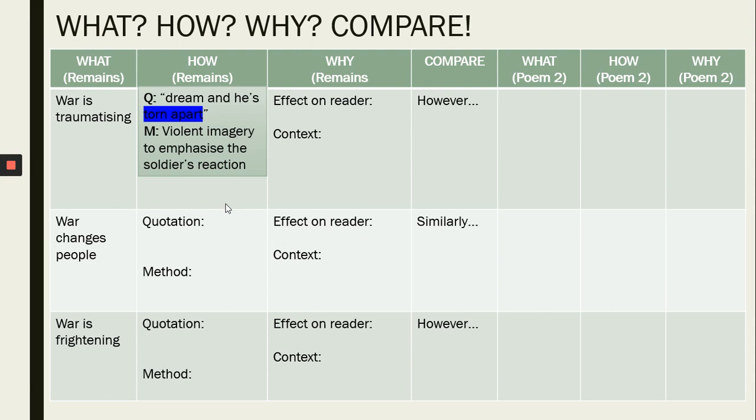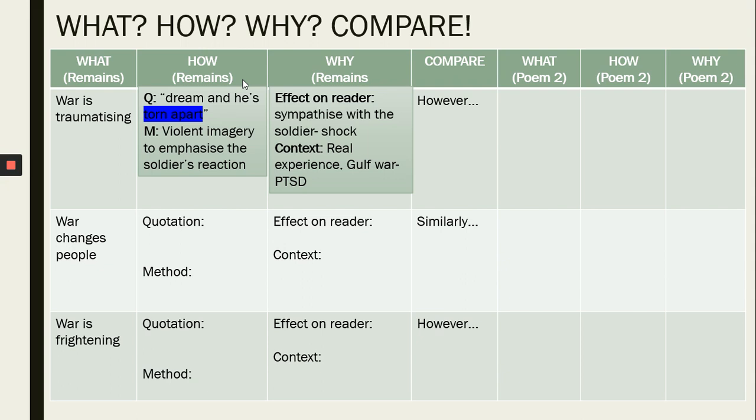And then my why section, my effect on the reader. Okay? It's going to make me want to sympathize. It's also going to shock me, because I'm the reader. And hearing him talk about being torn apart, I could also talk about the fact that it suggests that perhaps his dream is magnifying his experience, pushing it harder, making it seem really more than it actually was.